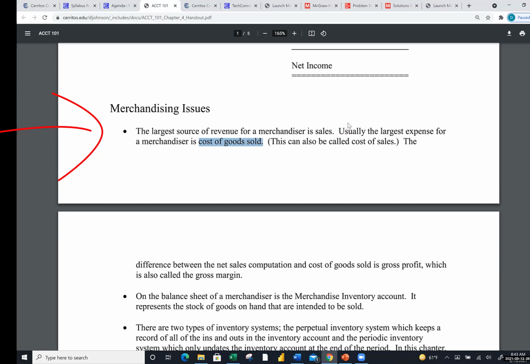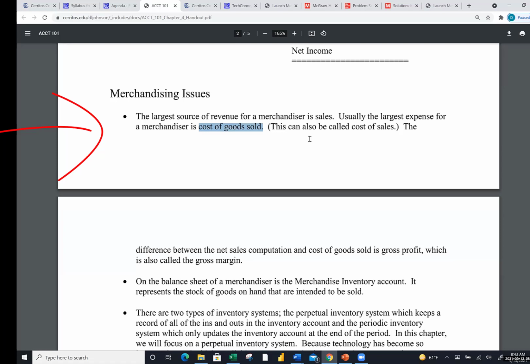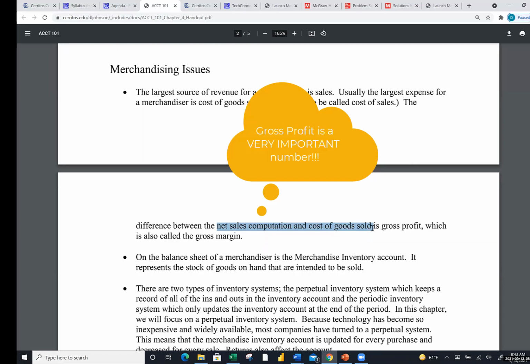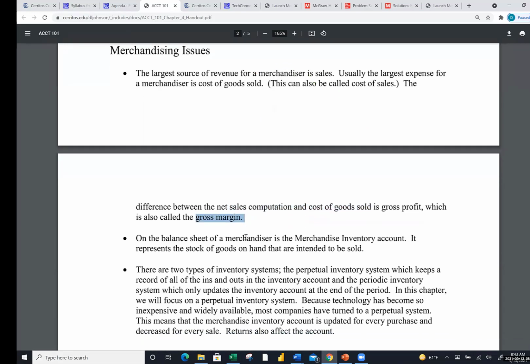It is the cost of those units that are sold. Sometimes it's called cost of sales. I think your book may refer to it sometimes as cost of merchandise sold. And we already know that the difference between that largest revenue and that largest expense is called gross profit. And we've also spent some time calculating the gross margin.